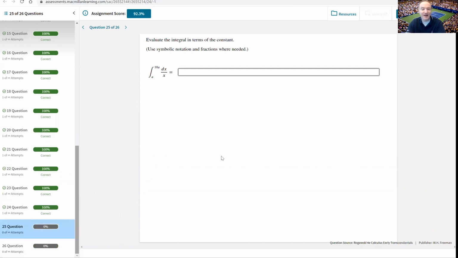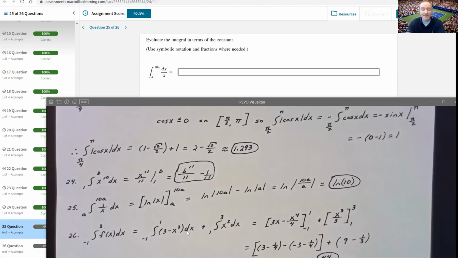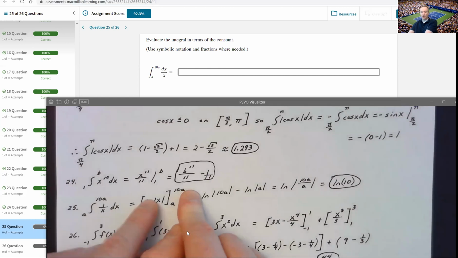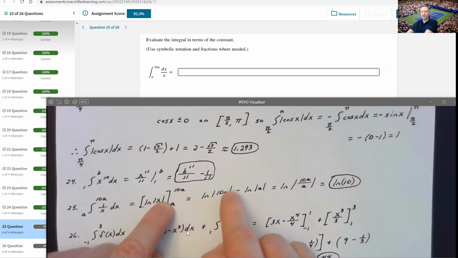Now, for 25 here, this is our one where we have the integral of 1 over x dx. Remember, whether the dx is written in the numerator or not, you can think of it this way. We know that the integral of 1 over x is the natural log of the absolute value of x. This time we're evaluating from a to 10a. No problem. It's going to be the natural log of the absolute value of 10a minus the natural log of the absolute value of a.